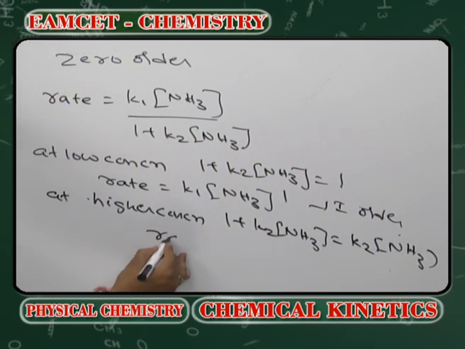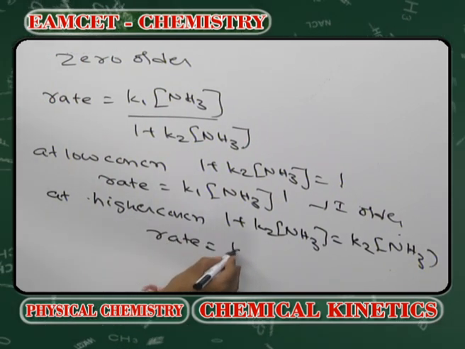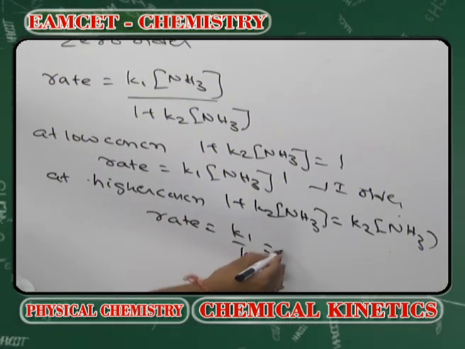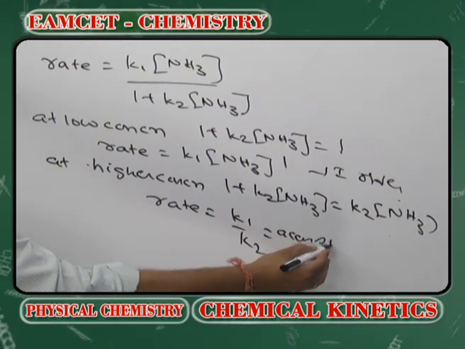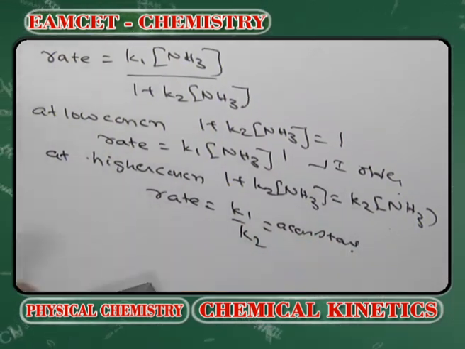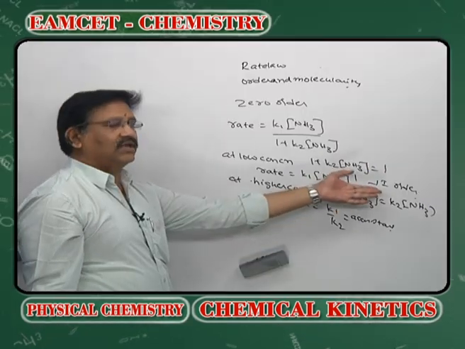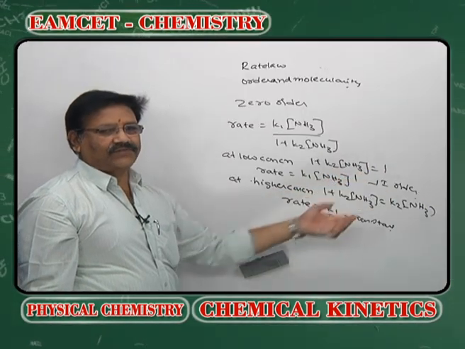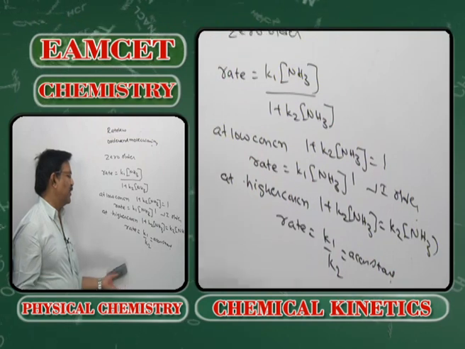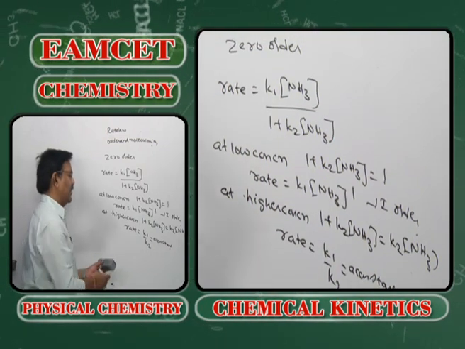Then rate will be equal to K1 by K2, which is a constant. That is the character of the zero order reactions. At low concentration, if a reaction follows first order kinetics, it can be made into zero order kinetics.